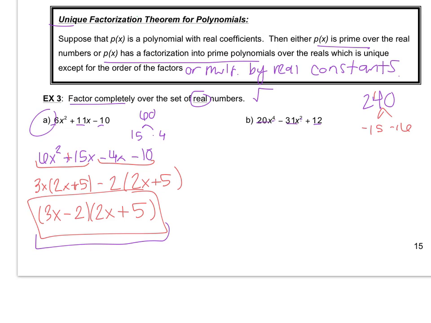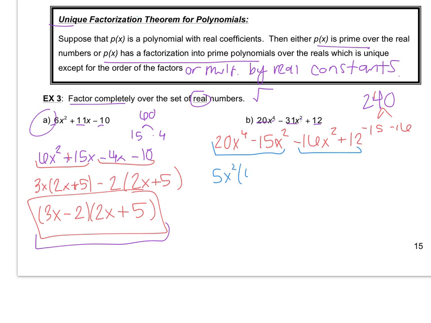So that means we can break this down into 20x to the fourth minus 15x squared minus 16x squared plus 12. From here we will factor by grouping. So we've got this group and this group. Out of my first group I can factor out 5x squared.